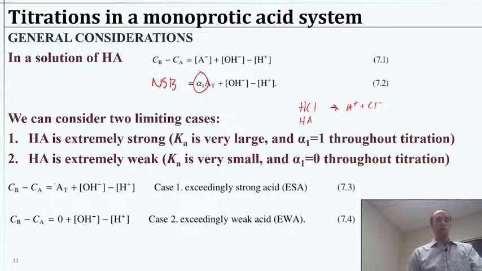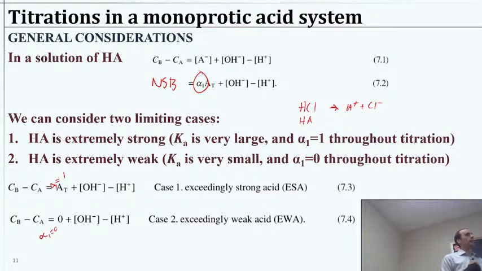We could keep the alpha 1 here, but we said it's equal to 1. In the converse case, case 2, HA is extremely weak, and Ka is very small, and throughout our titration, wherever range we're covering, alpha 1 is approximately 0.